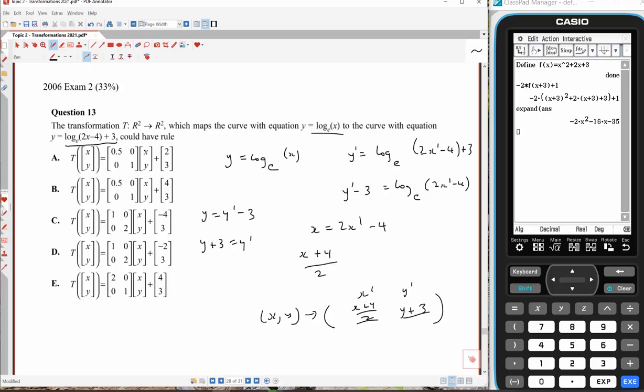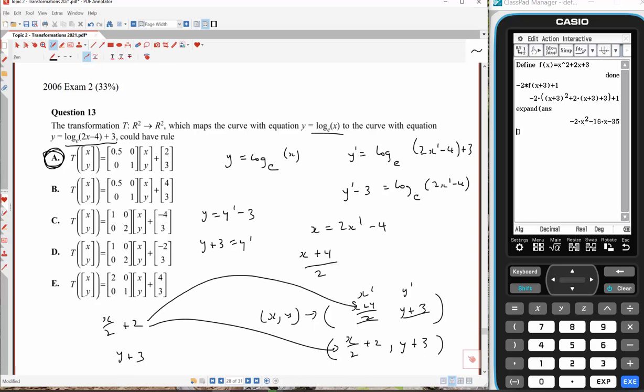So this would be the first one, x on 2 plus 2, and that's going to be y plus 3. That one there is in fact the correct one. And why? Because that's x on 2 plus 2, comma, y plus 3, which is the equivalent version of that.